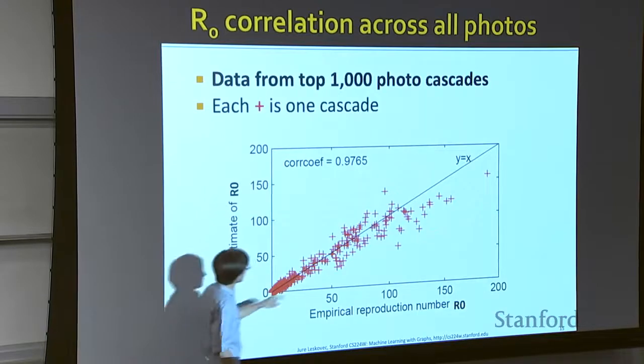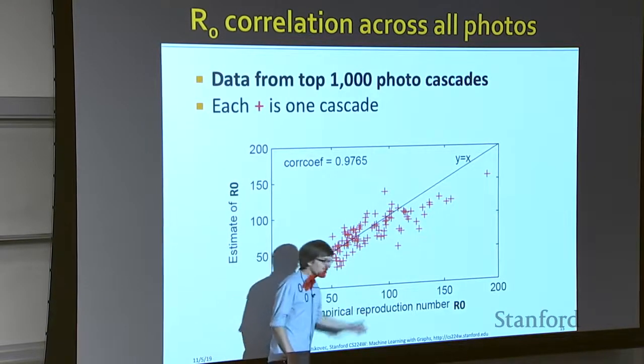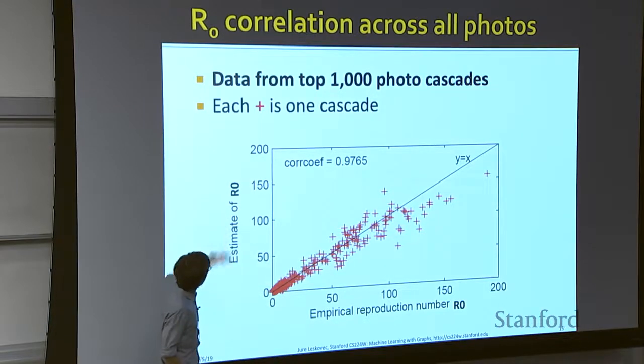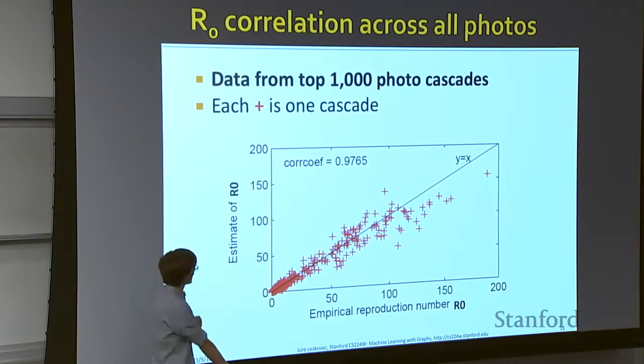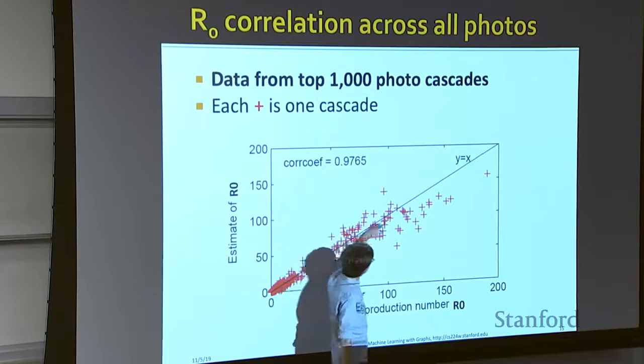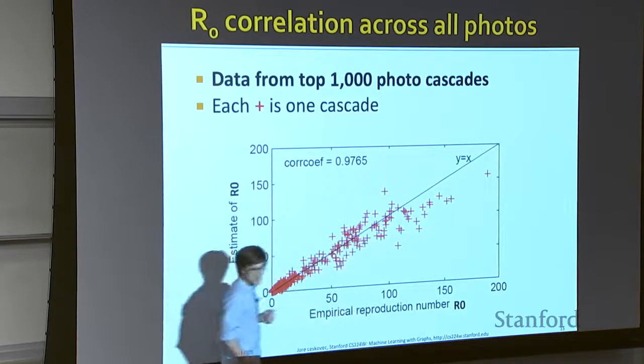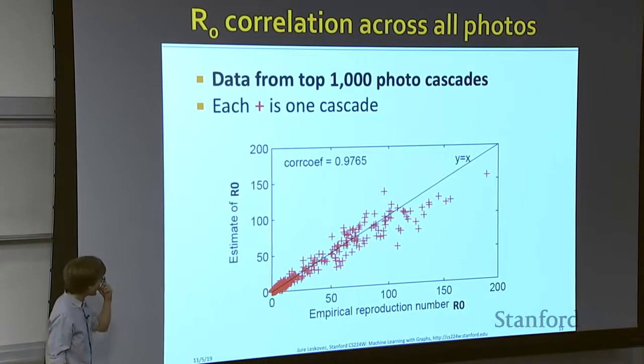So every dot here is a different image, a different cascade. Here is the empirical reproduction number. Here is the estimate from the entire cascade. And what you see is actually quite good correlation, then it kind of slightly drops off. Why is this interesting?